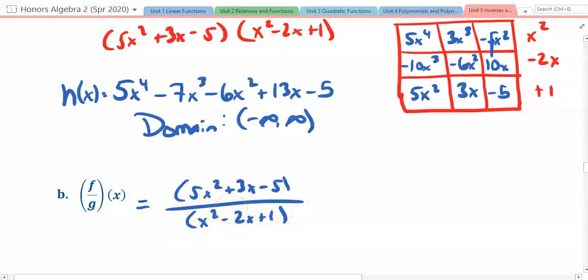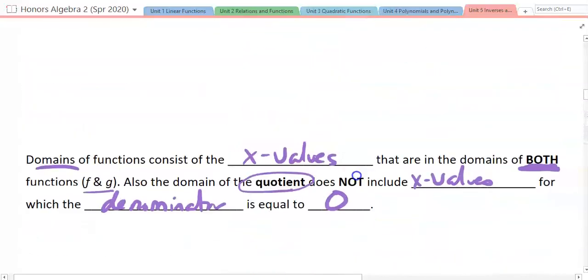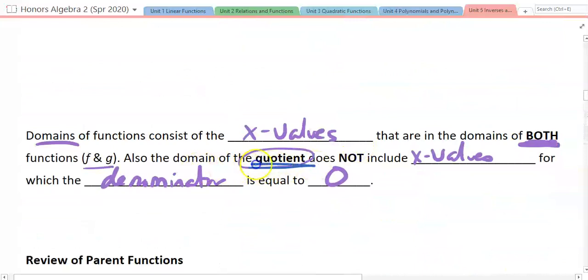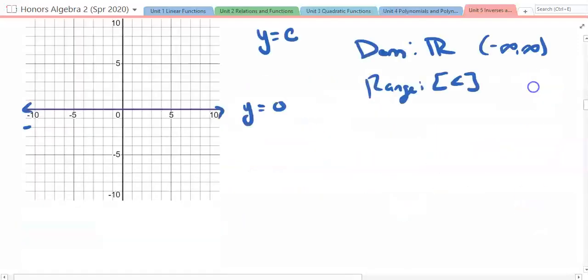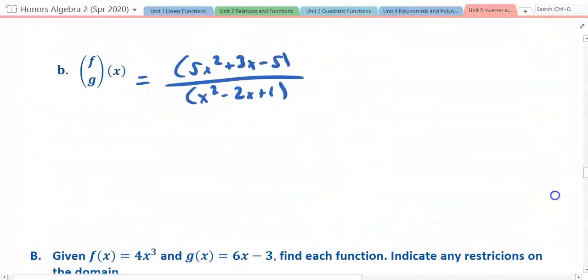But remember what we said, and we're going to scroll back up in the notes here a little bit. Back up here. If I'm dealing with a quotient, we do not include any x values that will make the denominator equal to 0. So again, I cannot make the denominator equal to 0. And so I need to know what is going to set x squared minus 2x plus 1 equal to 0, because those will be values that are not in my domain.